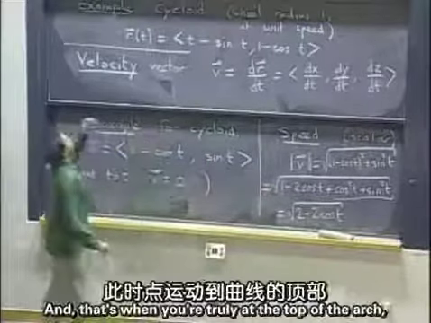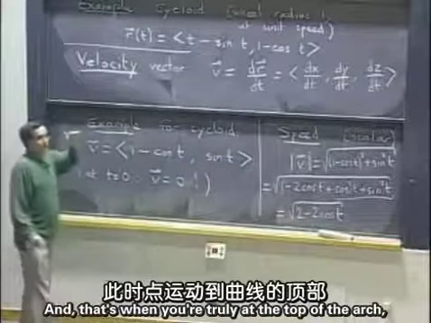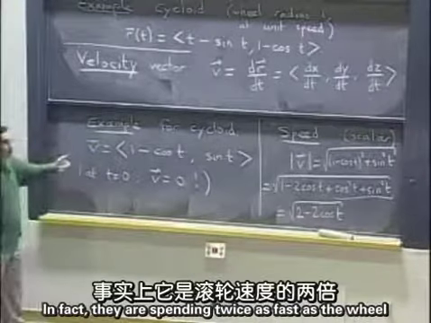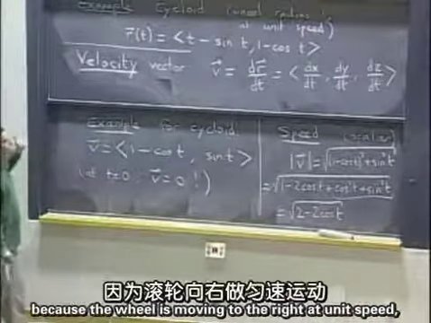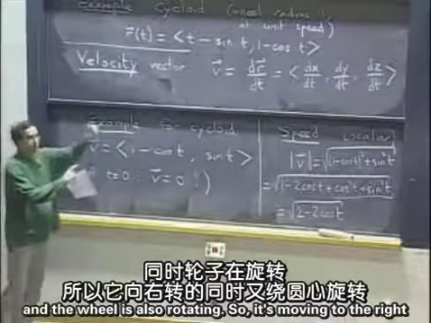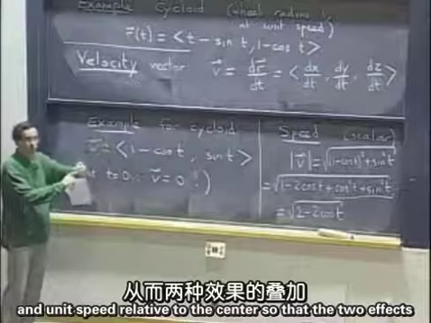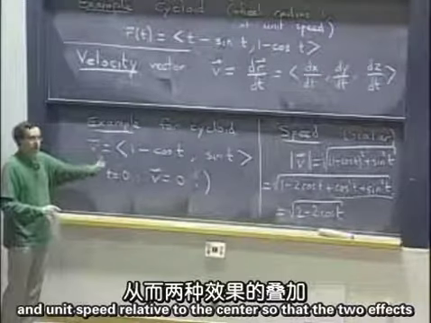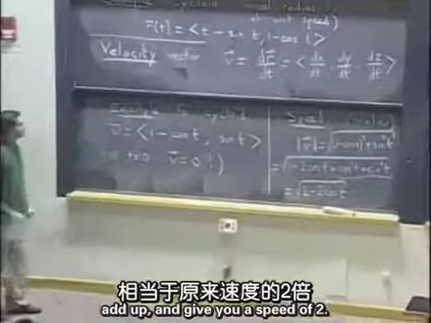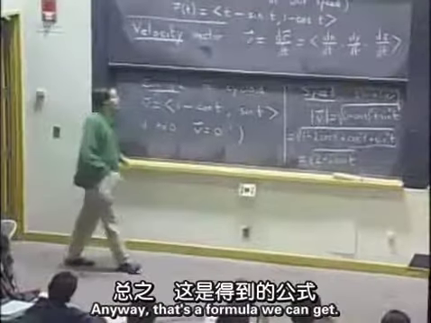That's when you're at the top of the arch, and that's when the point is moving the fastest. In fact, there it's moving twice as fast as the wheel, because the wheel is moving to the right at unit speed, and the point is also rotating, so it's moving to the right at unit speed relative to the center, so the two effects add up and give you a speed of 2. Anyway, that's a formula we can get.